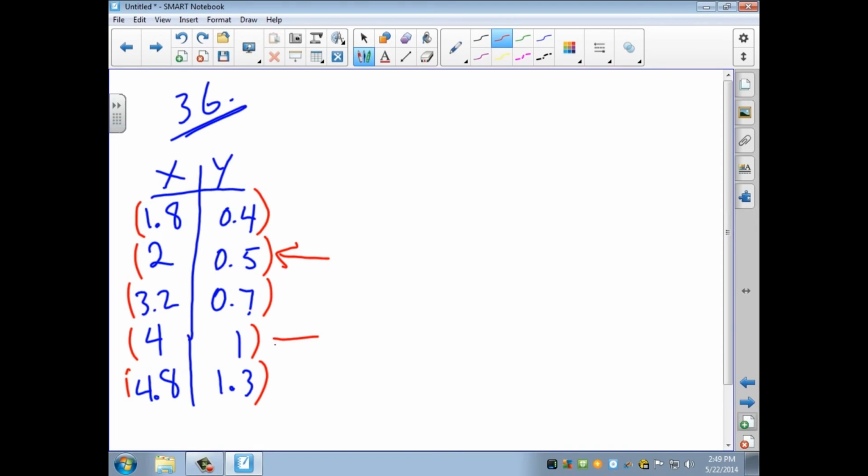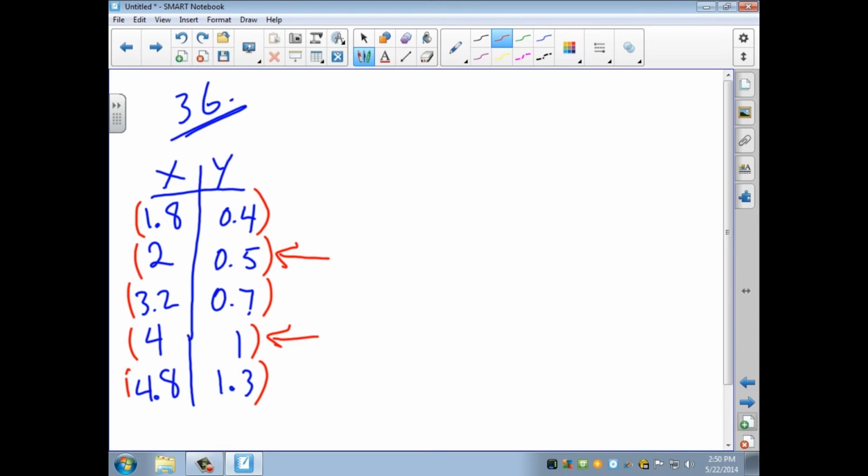So we are ignoring everything else, and we are using these 2 points to come up with the equation of a line. Apparently not all these points fall on a straight line. That's why they chose 2 particular points and said, okay, use these 2 points and make your straight line. So you want to find an equation of a straight line.